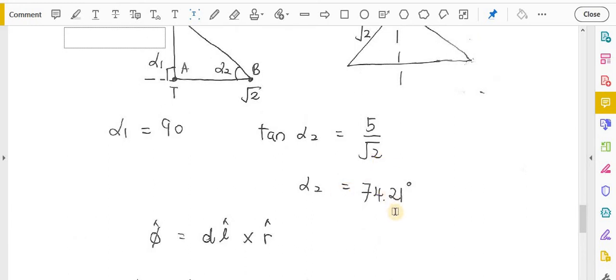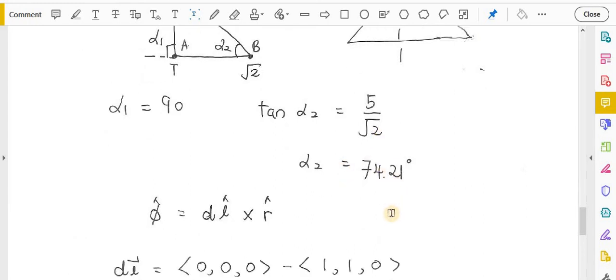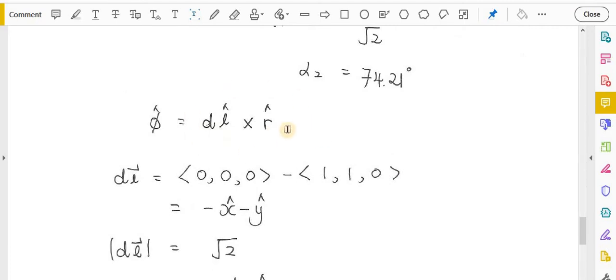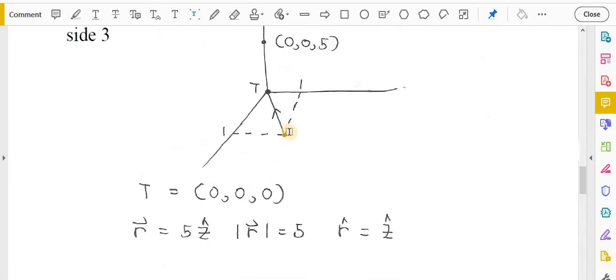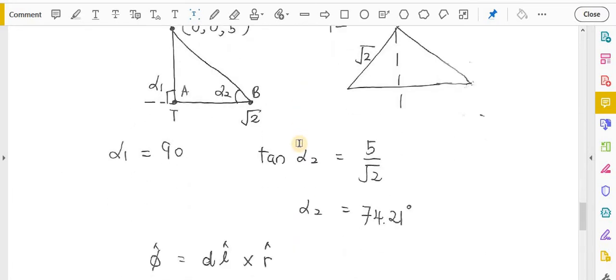So your alpha 2 will be 74.21. Next is dl. This is your current filament, and dl is in this direction, which means it moves here and then here. So we have to take the coordinates and subtract both of them in order to get dl.